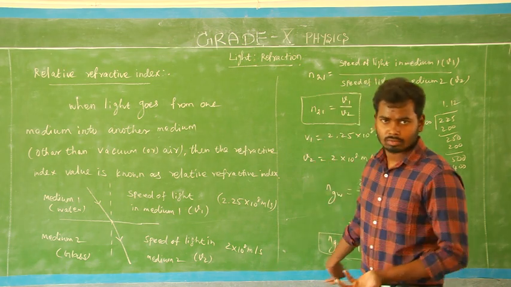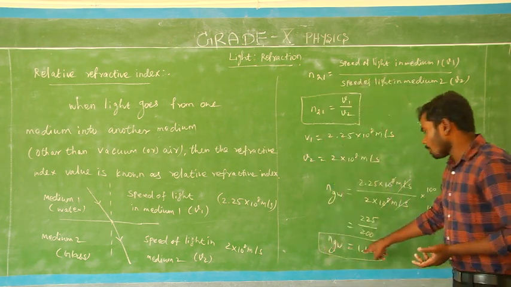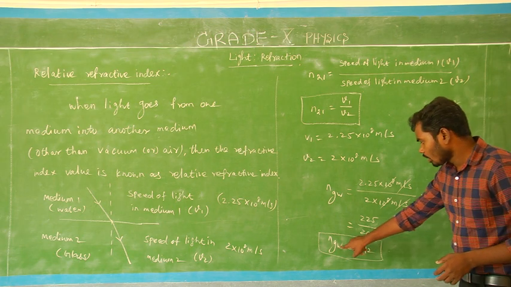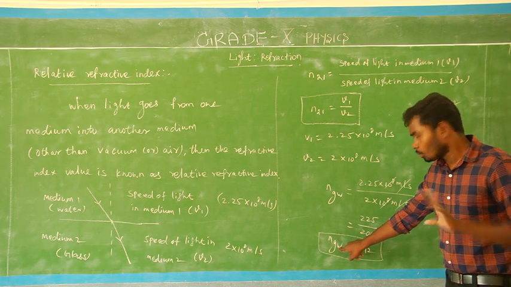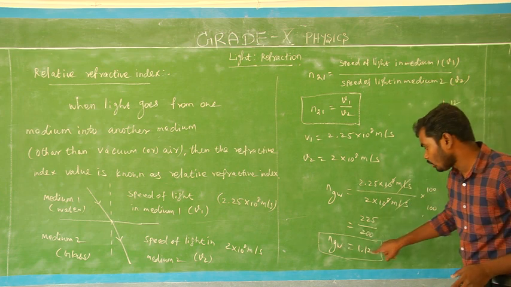There is no unit, because refractive index doesn't have any unit. So the refractive index value is 1.12. Look at this refractive index value: it is more than 1. The refractive index of glass with respect to water is 1.12.